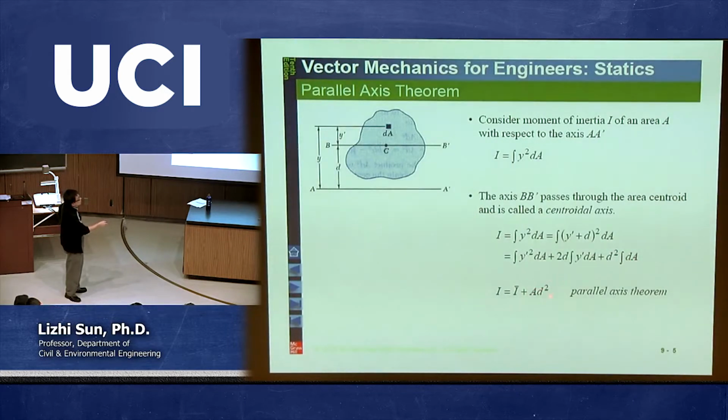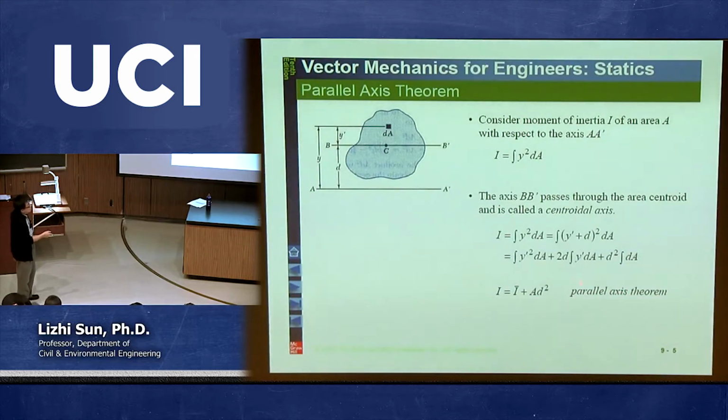So this is the important theorem, which we call the parallel axis theorem, allowing us to have the relationship between the moment of inertia with a given axis versus the moment of inertia with respect to a special axis passing through the centroid.